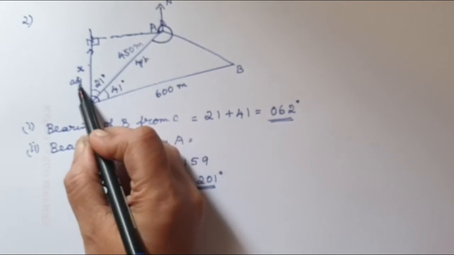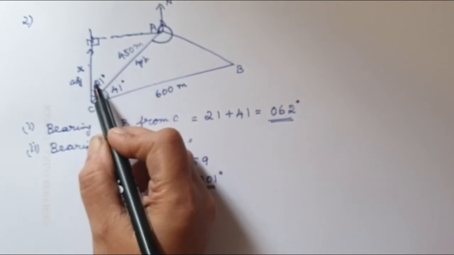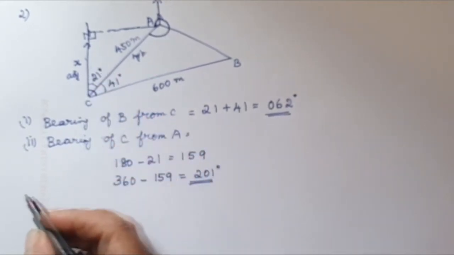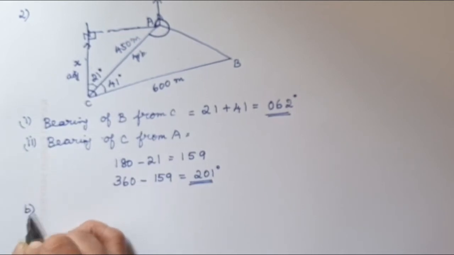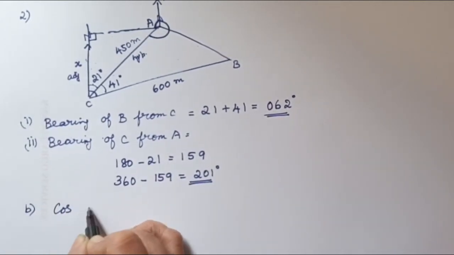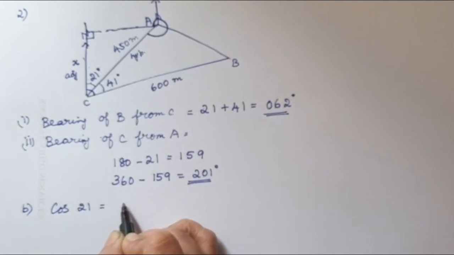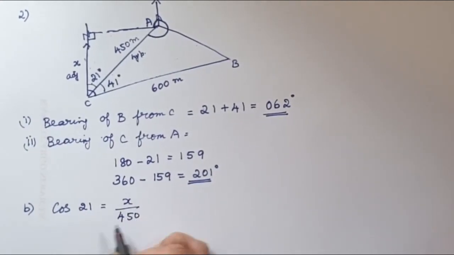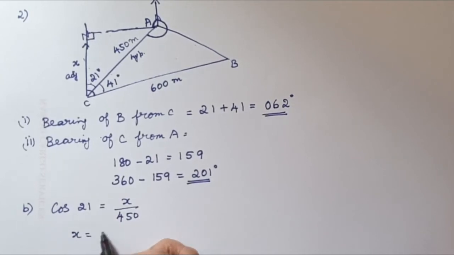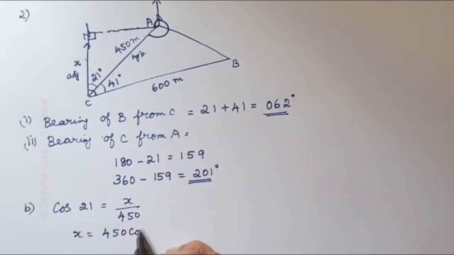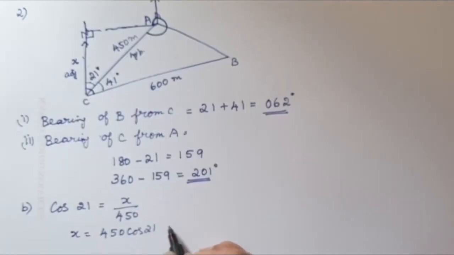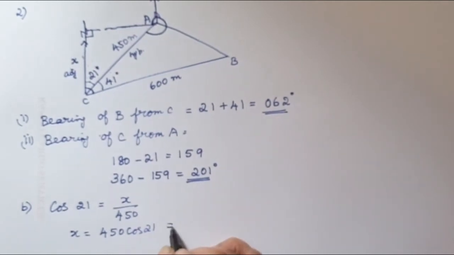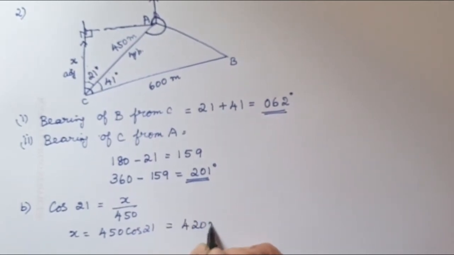In order to calculate the adjacent side, we can use the cos. That is, for the B part, cos 21 will be equal to adjacent over 450. So x will be equal to 450 cos 21. That will be equal to 420 meters.